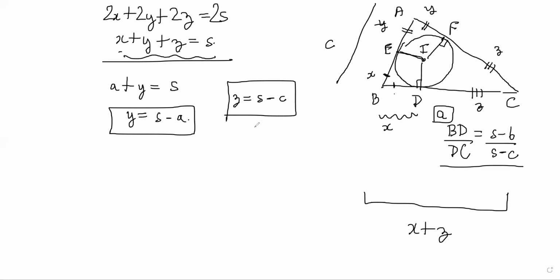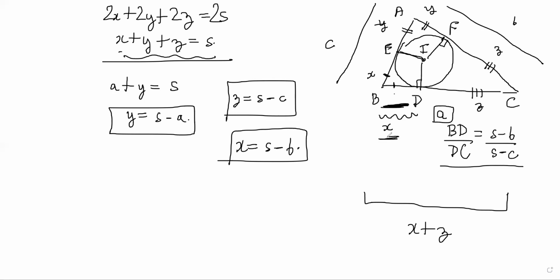And y plus z was b, so x is equal to s minus b. So we have shown that BD by DC is s minus b by s minus c, right? While in the earlier proof we showed that when the excenter touches it, this point of contact was s minus c actually, right? Makes sense, no?